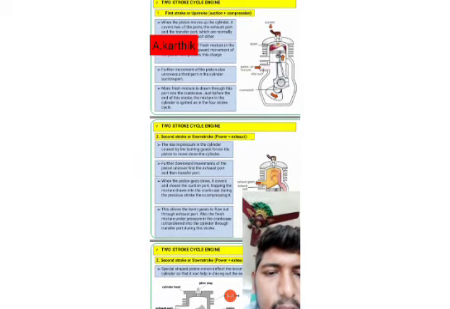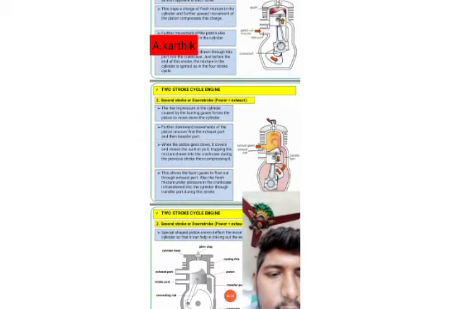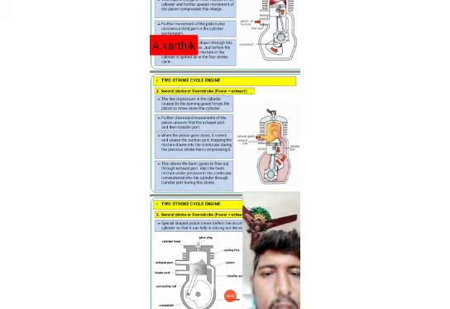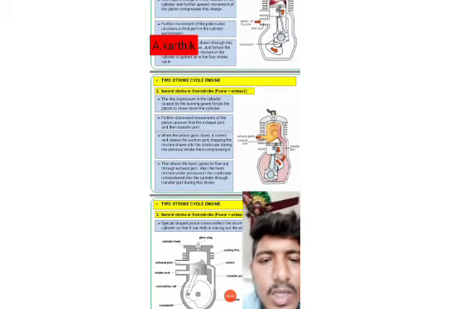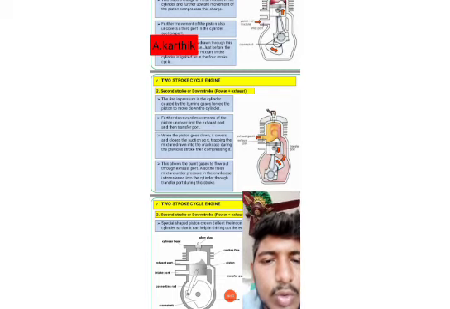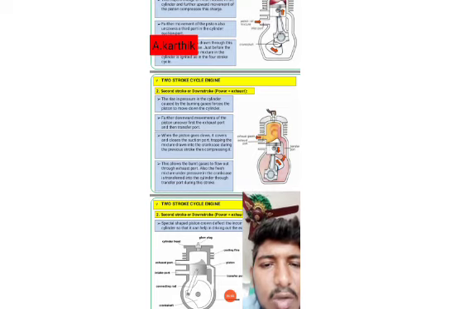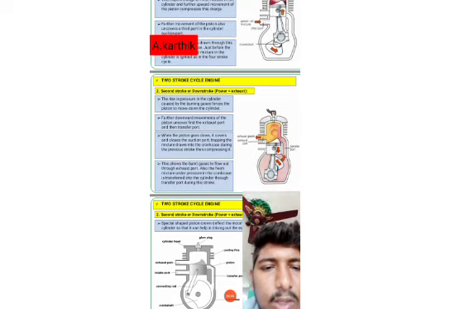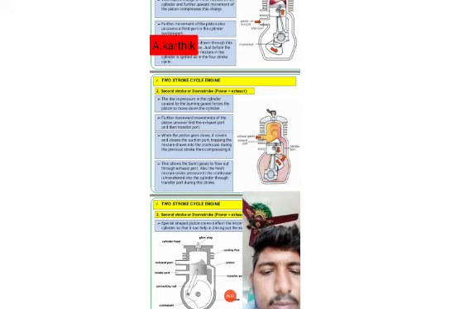Second stroke, or downstroke. The rise of pressure in the cylinder caused by the burning gases forces the piston to move down the cylinder. Further downward movement of the piston uncovers first the exhaust port and then the transfer port.